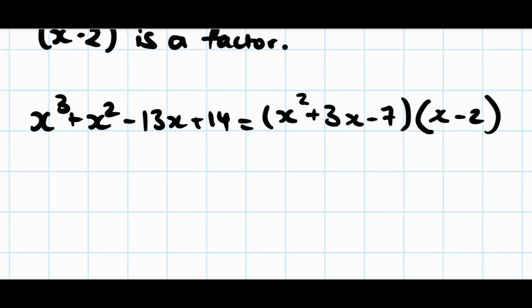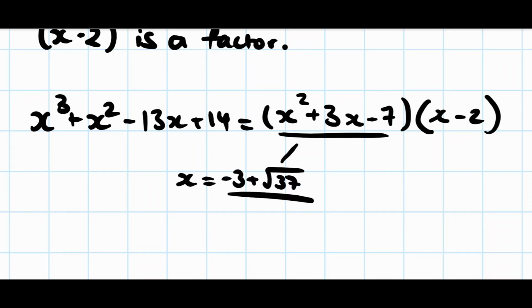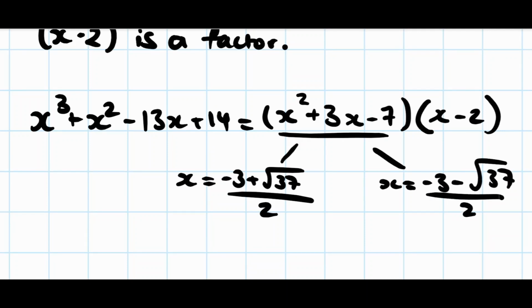If we use the quadratic formula, we'll find that one solution is x equals minus 3 plus root 37 divided by 2. And our other one will be x equals minus 3 minus root 37 divided by 2. Also, do mention the x equals 2 part as well.